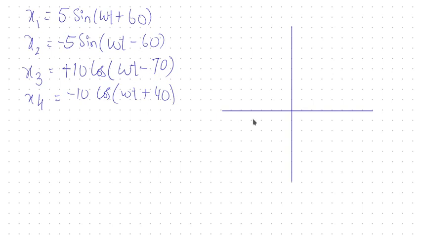As in this case, what we can take is this to be plus sine omega t plus 0, which will make this minus sine omega t plus 0. So this will obviously be cos omega t plus 0, and this will be minus cos omega t plus 0.